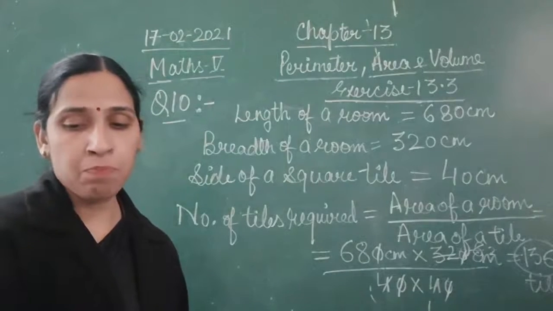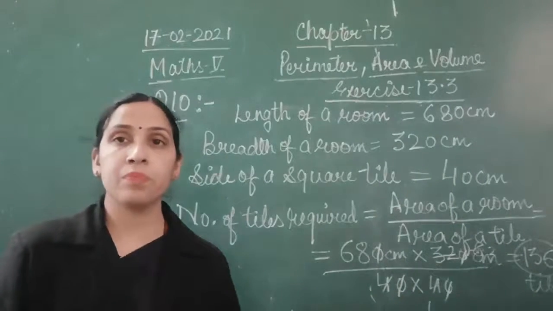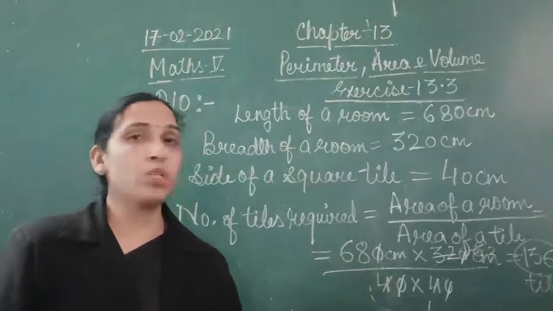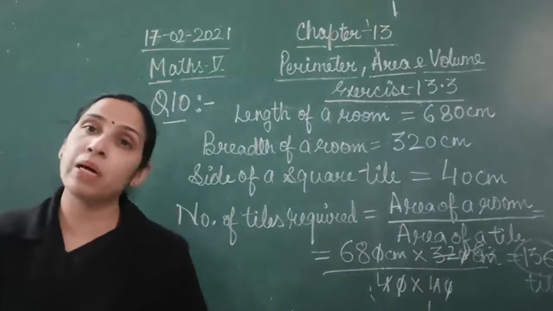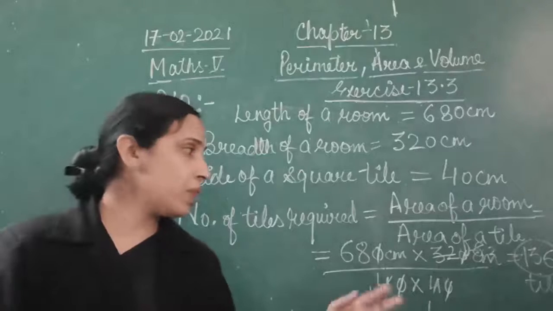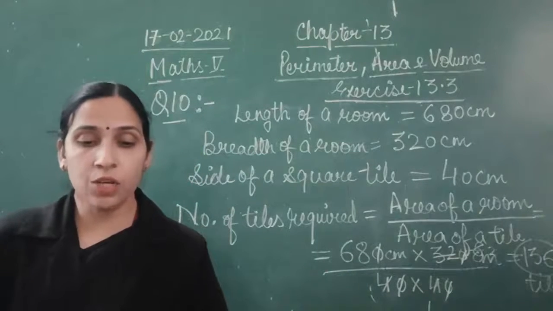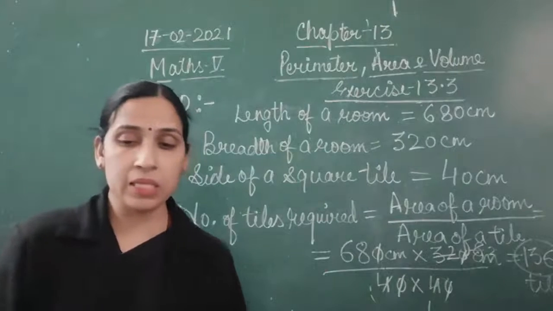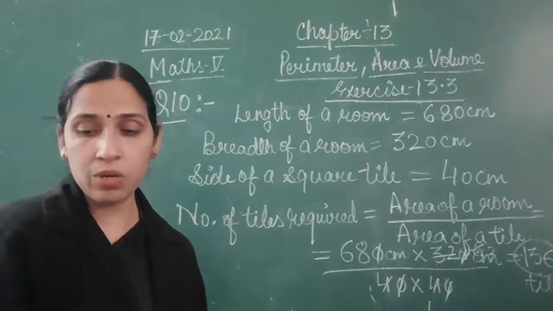Then you will find the number of tiles, 136. If the cost of paving is 5 rupees per tile, then 136 will be multiplied by 5. Such kind of question you will be getting in the example also, that Urvashi made a rectangular design.